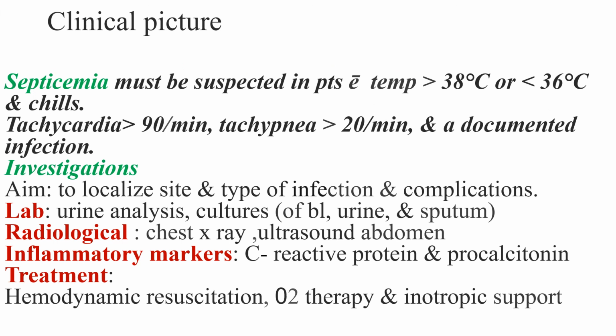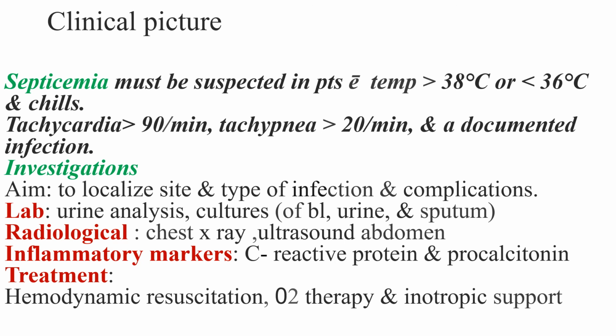Clinical picture: septicemia must be suspected in patient with temperature more than 38 degrees Celsius or less than 36 and chills, tachycardia more than 90, tachypnea more than 20, and documented infection, documented by lab.